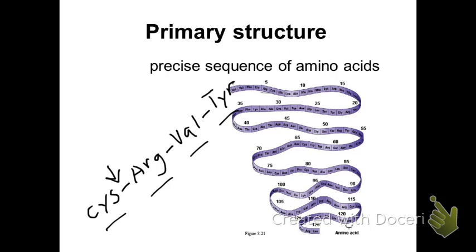So I hope you understand the importance of the primary structure and that we need to get it right. The other thing you also have to remember is we always add amino acids to the C terminal end right here. And we can add our next one, such as histidine and so forth. Alright, there's primary structure.